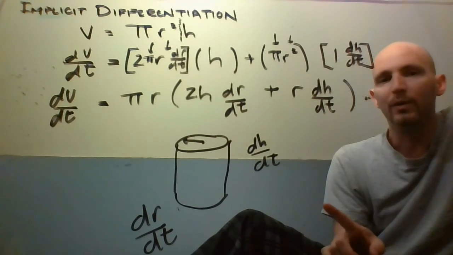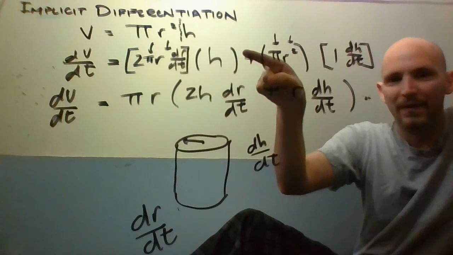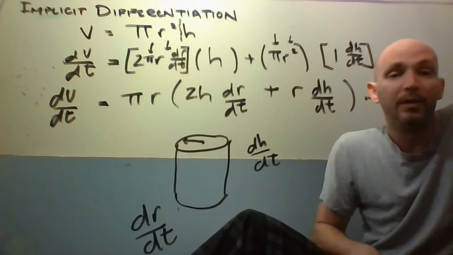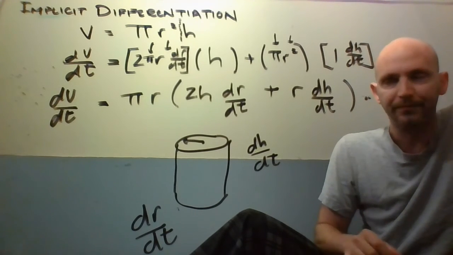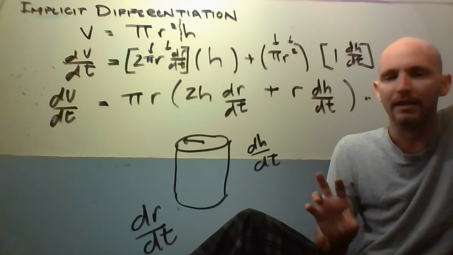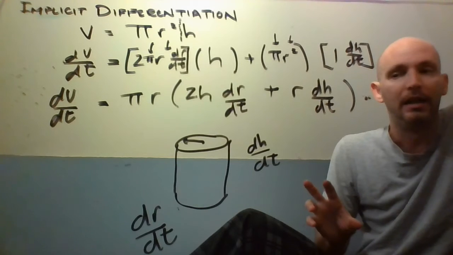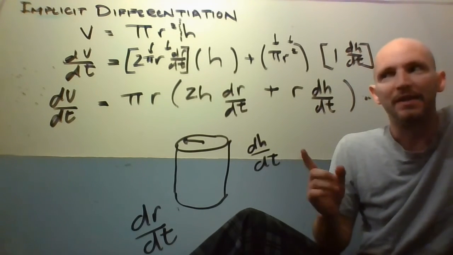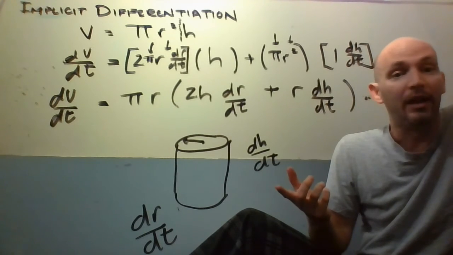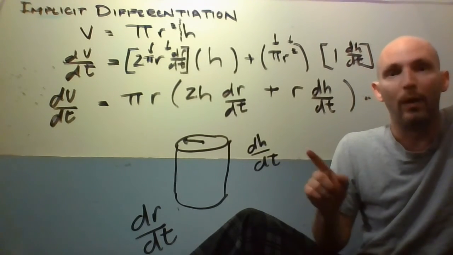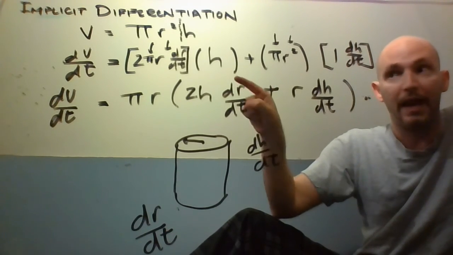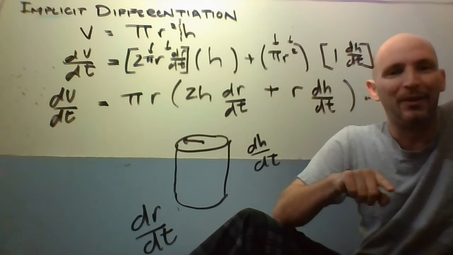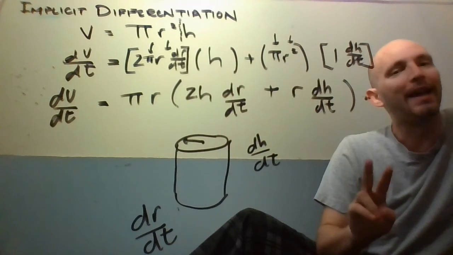But if you start with this volume formula, pi r squared h, which you've been using since grade 9, and you want to take something as simple as a can and let its volume change, this arcane trick, just implicit differentiation, when applied to that type of formula, has pointed out that you can grow a can in 2 different ways.